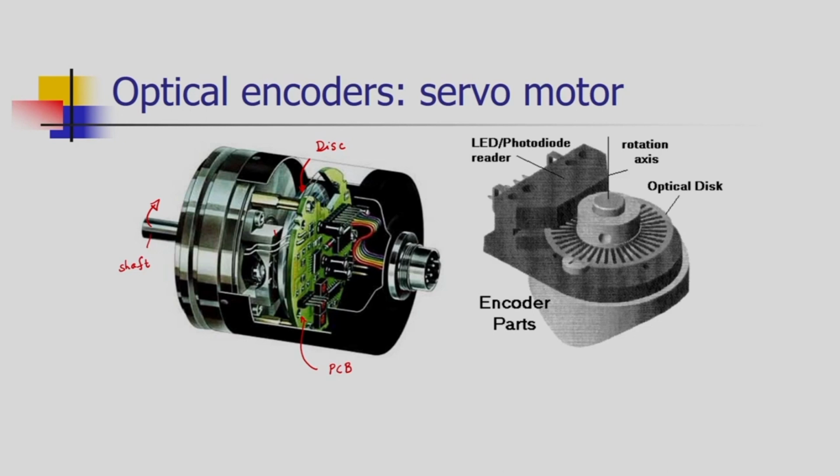The shaft is rotating, the disc is also rotating along with the shaft, and we are getting the signals on the microprocessor based electronic circuitry which is mounted on the PCB. So ultimately at output we are getting a binary code, processed binary signal, or that signal will further be utilized for the applications. So one more configuration you can see on the right side of your slide.